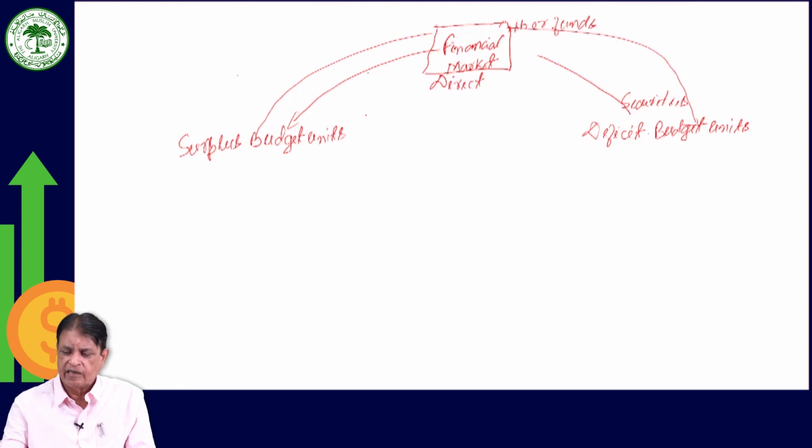In this market, the securities are sold by the deficit budget units and purchased by the surplus budget units, and the funds are transferred. When the surplus budget units make payment for the securities, the cash is transferred to the deficit budget units.